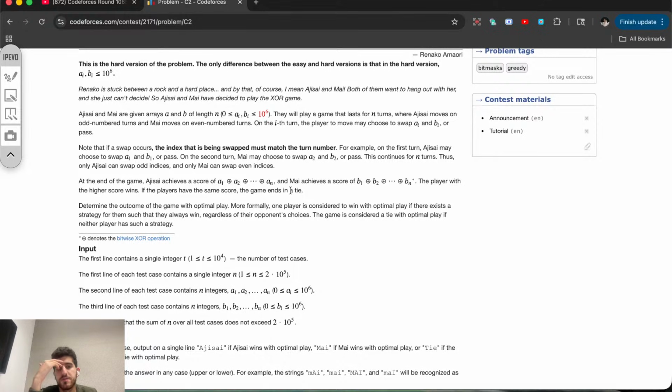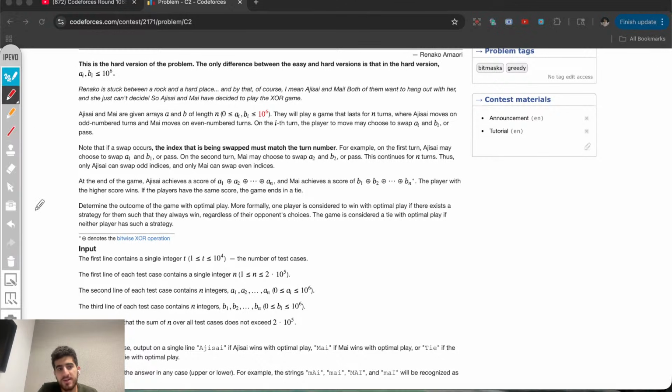I'm just sharing the first thing that comes to my mind: nothing other than the most significant bit matters. If in the most significant bit someone can win the game, then that player is the winner, even if the other player gets all the other bits. So I will just take a look at the most significant bits.